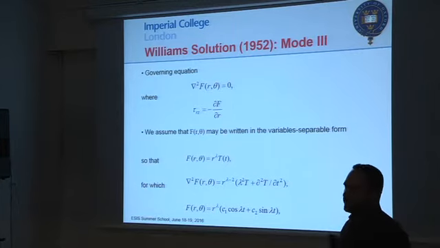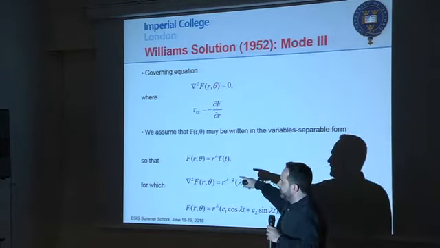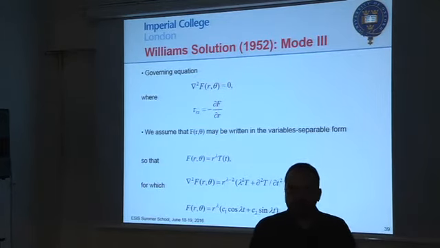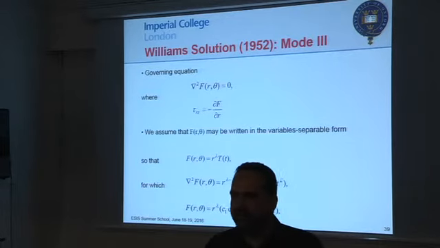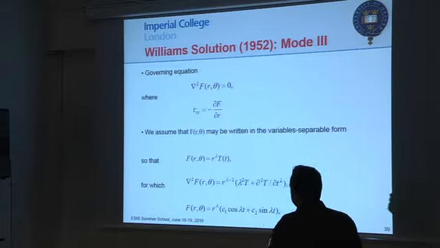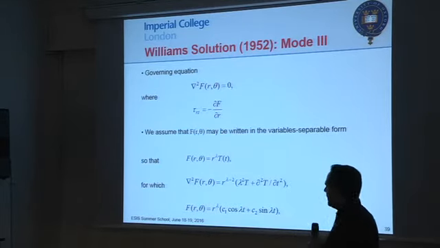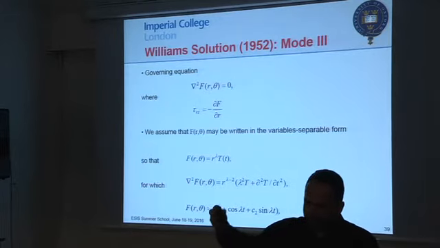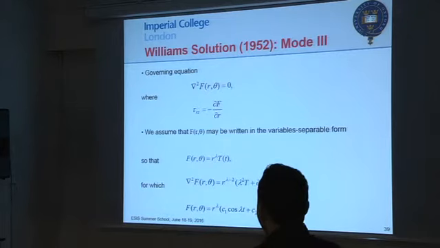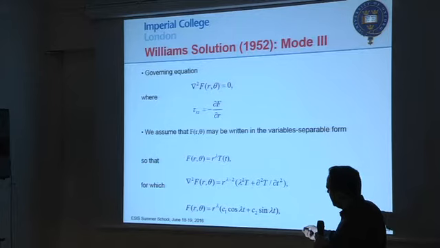You do exactly the same procedure as before. The solution of that equation comes from a potential function which is not phi like we had before, but it's very similar to phi in the sense that it's variable separable. Again, you can imagine a term which is r to the power of lambda, where lambda is the eigenvalue of the solution of the problem, and another term there.